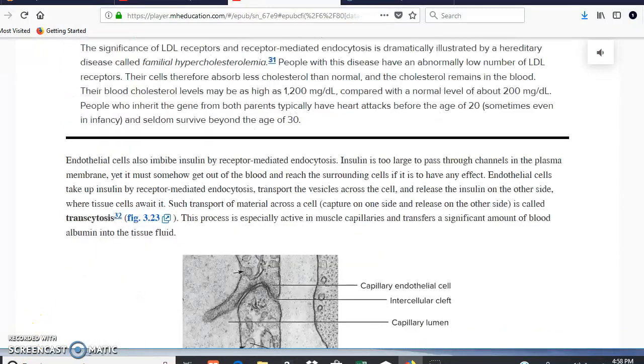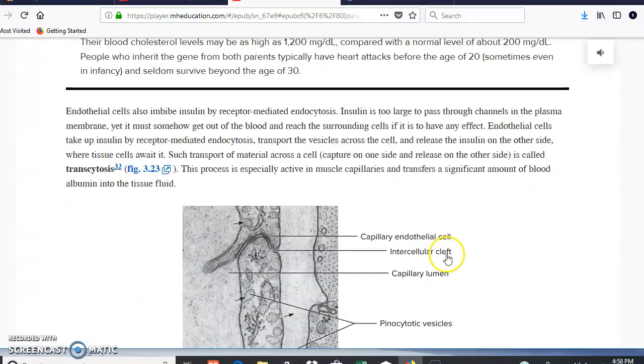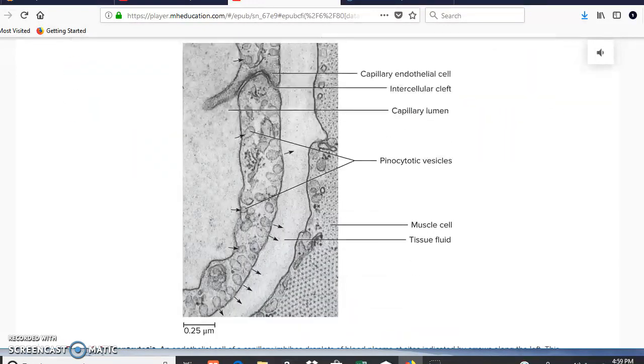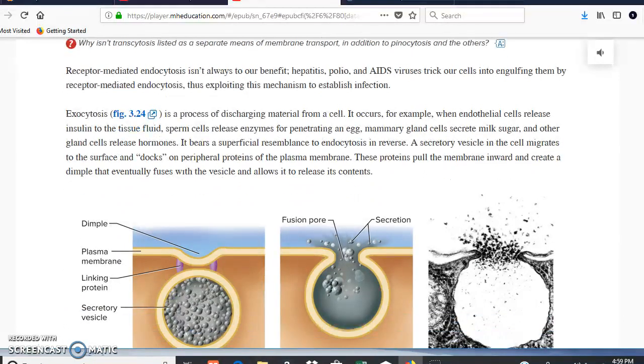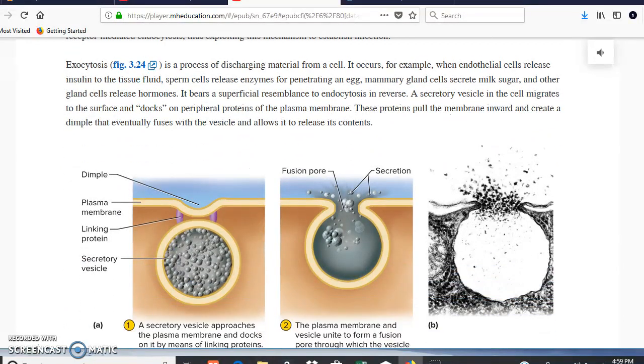So if we scroll down, we're going to see another concept, which is transcytosis, which is basically the transport of molecules from one side, from here, and then they are delivered to the other side. Okay, that's transcytosis, from one side of the cell to the other side of the cell. Now we have an example of exocytosis, which I already mentioned, right?